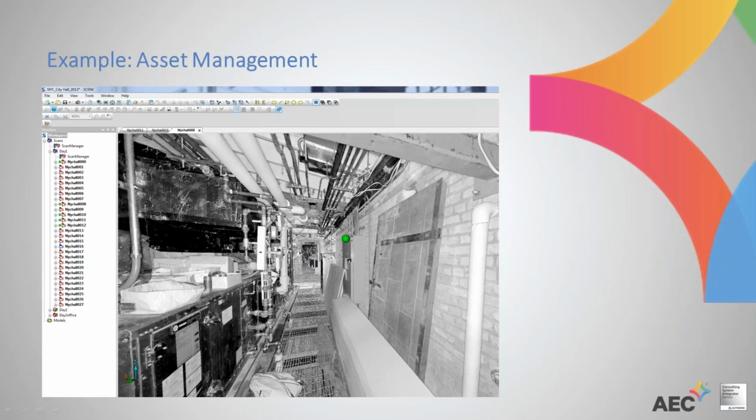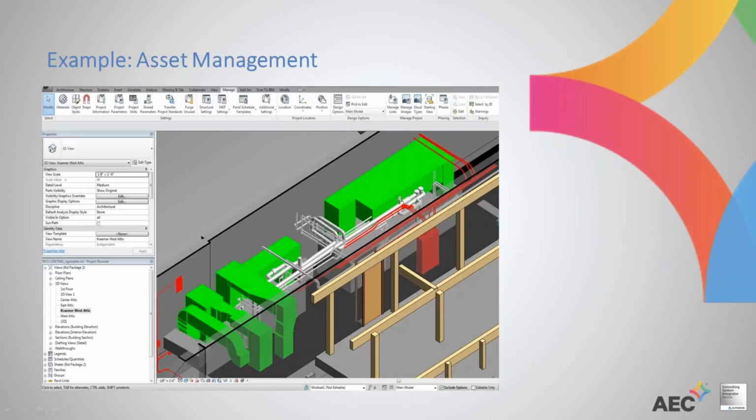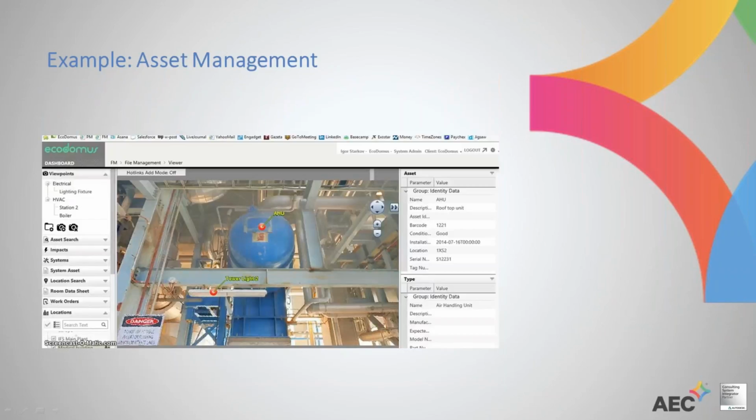Some industries like oil and gas are very demanding in terms of precision. So we can skip, not in this case, but for example here, we can skip the step of the BIM modeling and go straight to getting information into the equipment that has been surveyed.